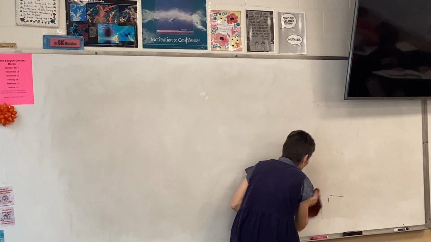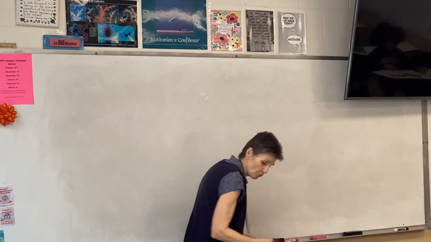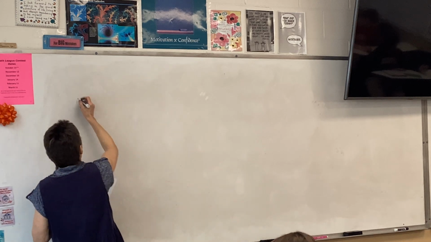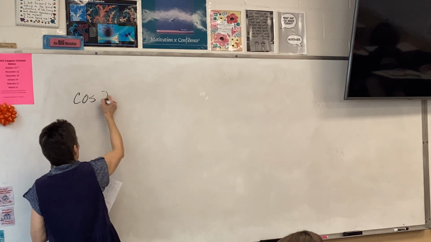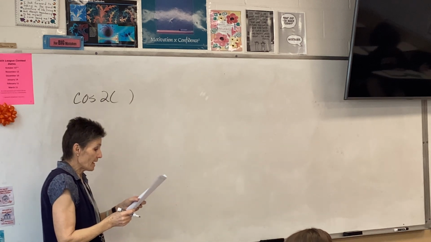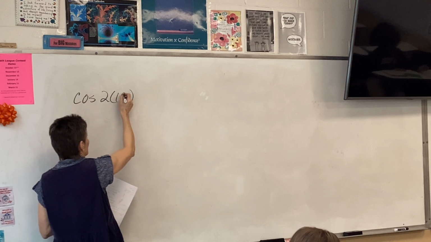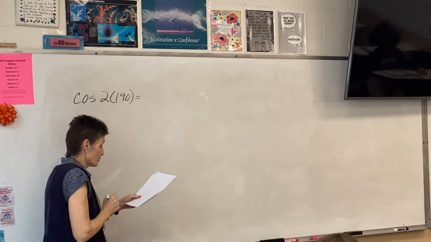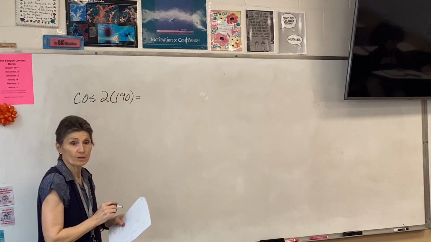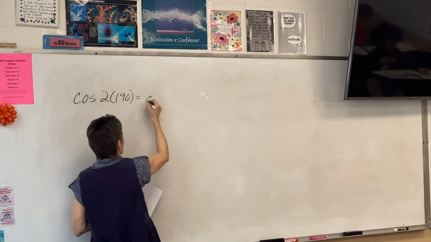So once you find it, and it is a formula for the cosine of 2 times an angle, then you plug in your angle, which is 190. So problem A is a formula for the cosine of 380.